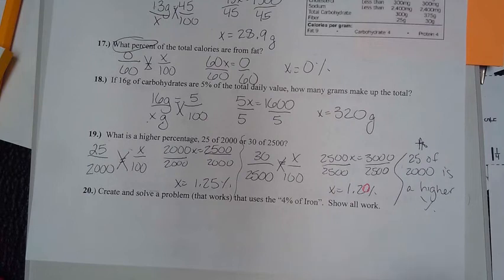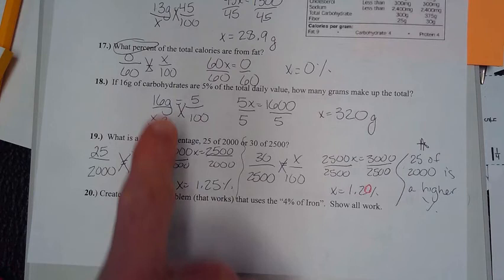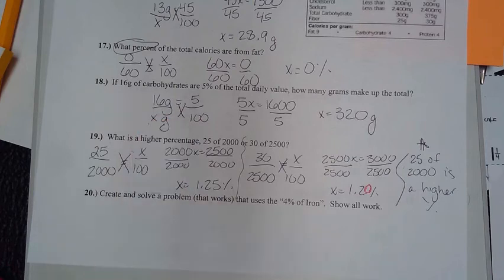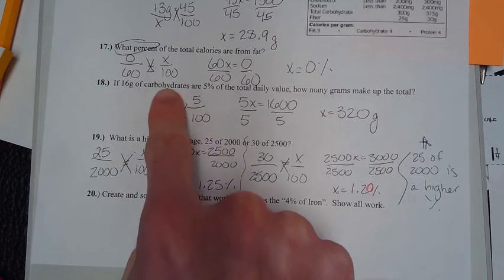All right, last one. Create and solve a problem. That works. They use this 4% of iron. Show all work. You don't have to be super creative. You can just use what you know. Well, I'm looking at number 20, and I'm looking at number 18, and I think that they are really, really similar because I see 4% of iron and 5% are carbohydrates.